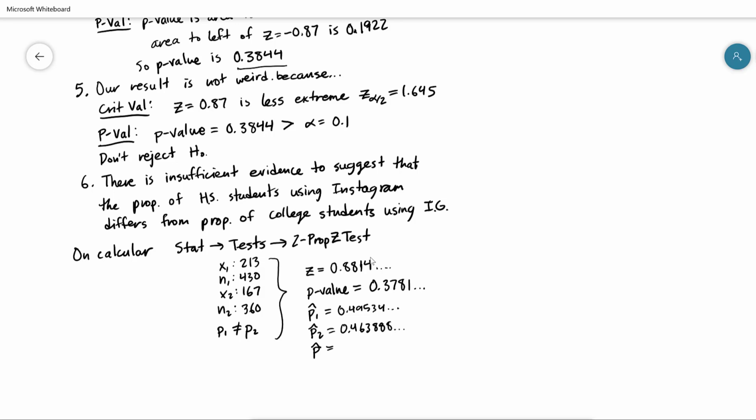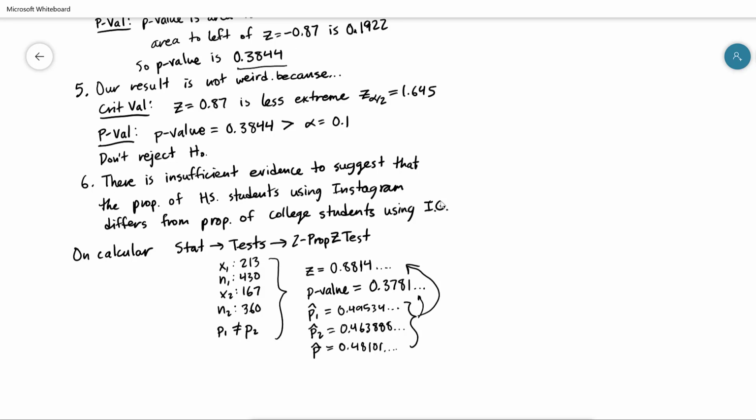And the last one, 0.48101... So it used these versions in computing these two numbers. It used all the decimals, and that's why these numbers are slightly different than our numbers that we got up here because we rounded.